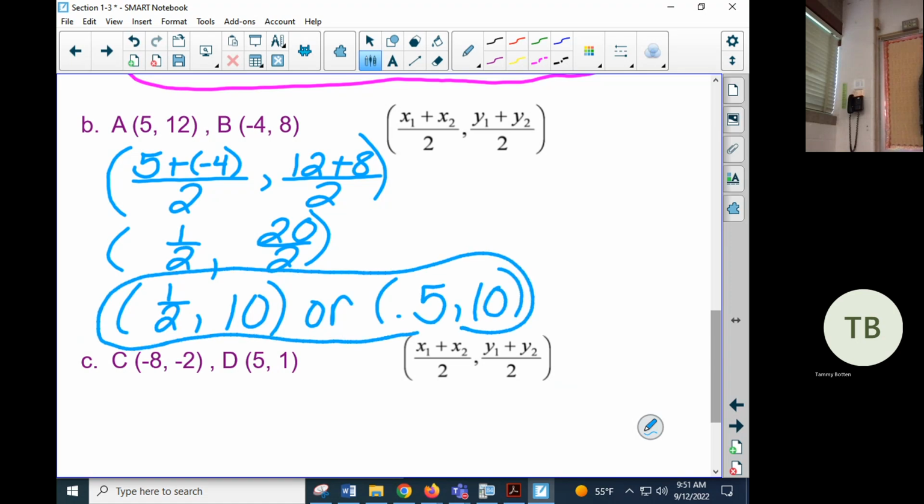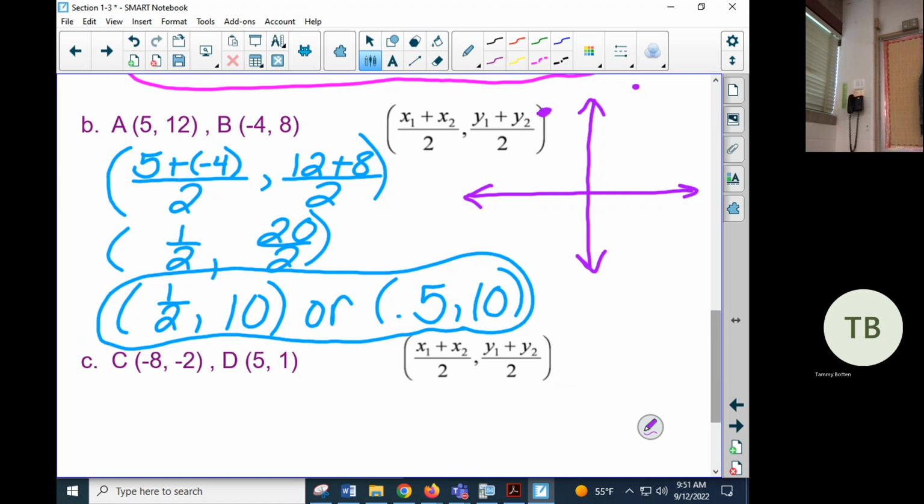So basically what this means, just so you can visualize it, if I drew my graph, which you could all do on a quiz if you wanted to check, you could think of over 5 up 12 is going to be up here. -4 up 8 is going to be over here somewhere.